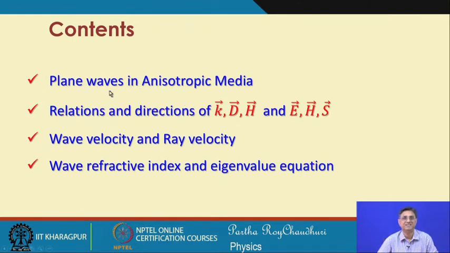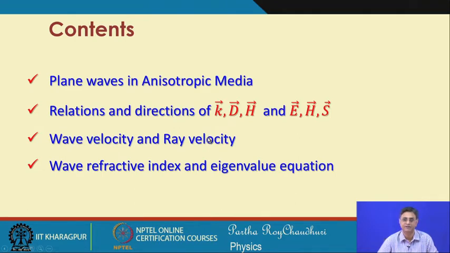Now, we will discuss the propagation of plane electromagnetic waves in anisotropic medium, and in doing so, first we will understand the relation amongst these vectors: k vector, D vector, H vector, E, H and S, and their directions. In the process, we will also discuss the wave velocity and ray velocity.